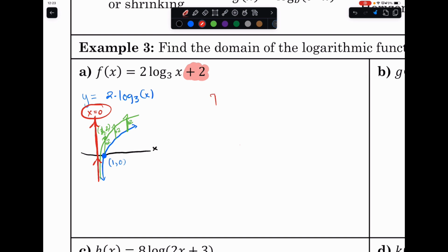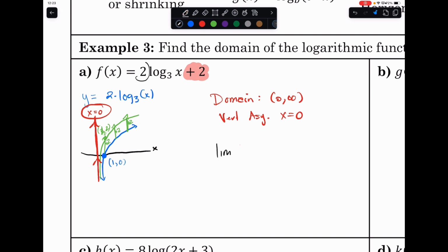So here, the domain is still going to go from 0 to infinity, because we did not shift the vertical asymptote. Our vertical asymptote is still at x is equal to 0. The y-intercept is not the same because of the vertical shift, and that messed things up. But the end behaviors are still the same.